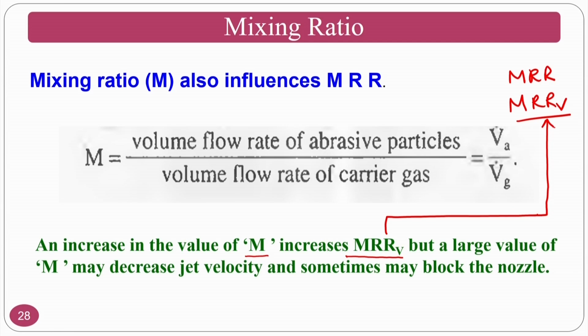But a large value of M may decrease the jet velocity and sometimes it may block the nozzle also. Everything has its own limitation. If you are going to use more and more abrasive particles, what will happen? The abrasive particles collide with each other and lose the original velocity at which they have to travel and hit. At the same time, there is another problem: these abrasive particles may block the nozzle.